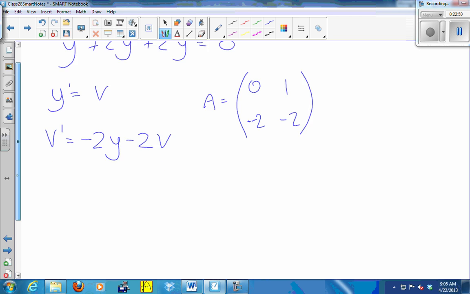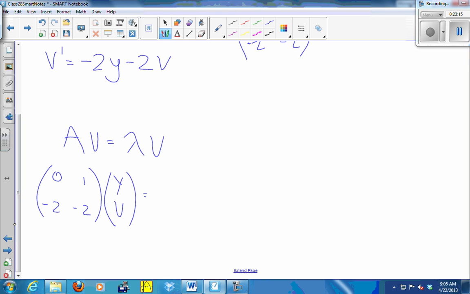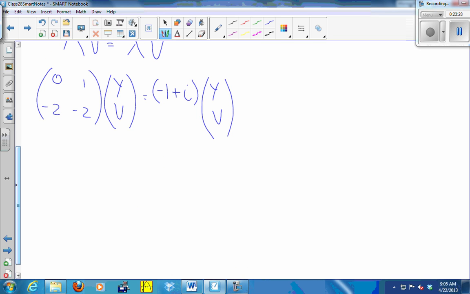And to find my eigenvector, I'm looking for Av equals lambda v. [0, 1; -2, -2] times (y, v) equals (-1 plus i) times (y, v). Okay, so 0y plus 1v has to equal -y plus iv.